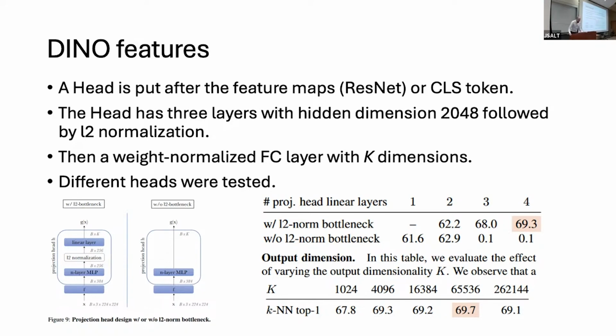Yeah, and also they tried some other architectures. They were using one with a bottleneck and normalization, and one just with the MLP. But these are ablation studies. You can work this out in the paper, and you can see that the L2 norm bottleneck was the best one to use for the optimization.